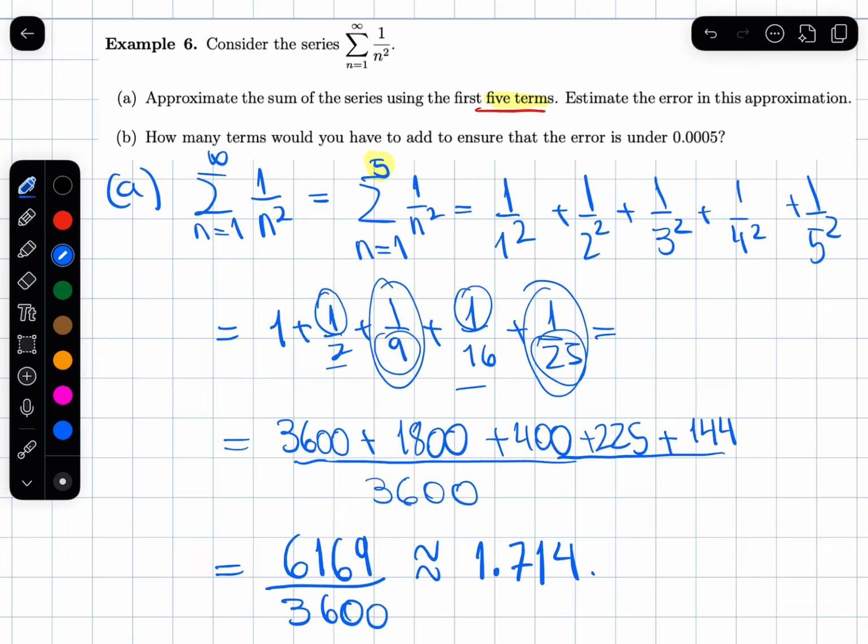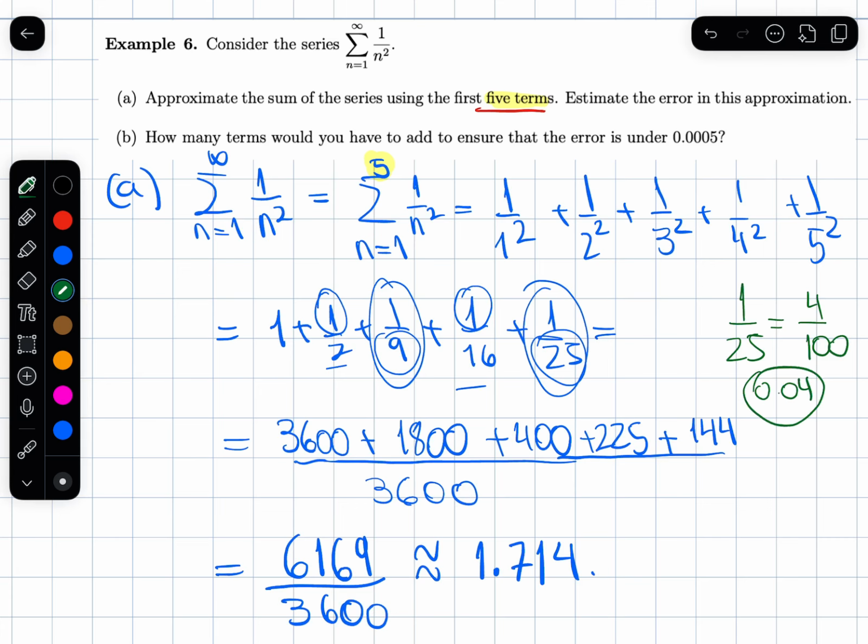So this is what I get from adding just 5 terms. Okay. And you can see that the last term here is super small, 1 over 25. 1 over 25 is 4 over 100. So it will be 0.04.